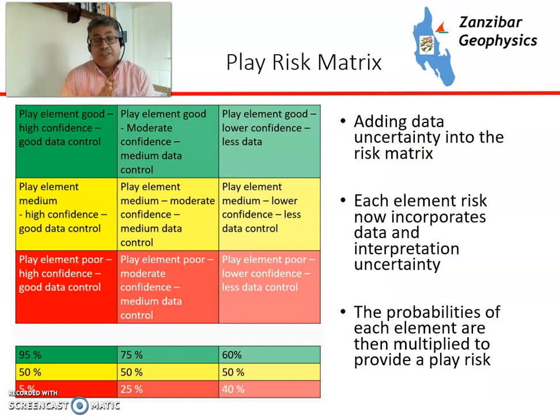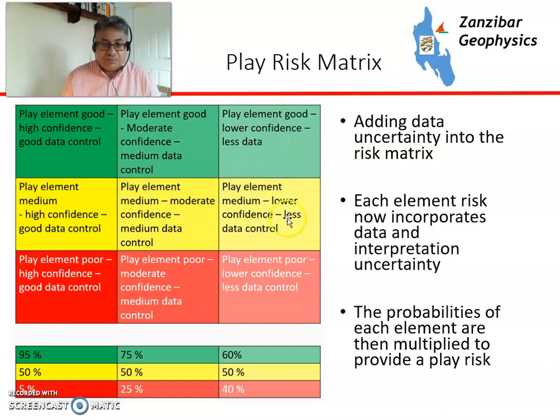Another way of looking at it is adding uncertainty. Now, data is never certain. So for example, here we have the 95% area where the play element is good, with high confidence and good data control. This is per single element; you obviously have to do this for all the other elements. Play element good, moderate confidence, medium data control. Play element believed to be good, but with lower confidence and less data.